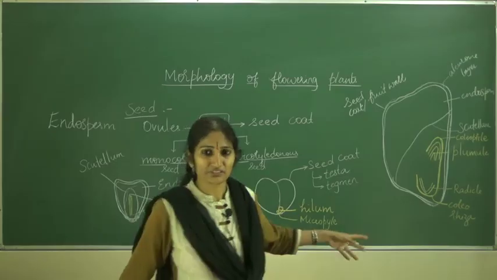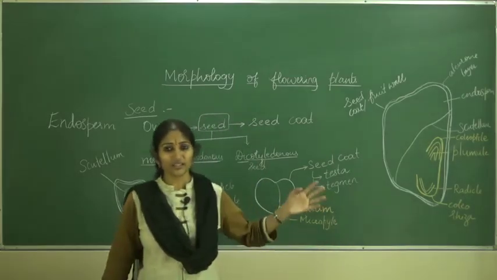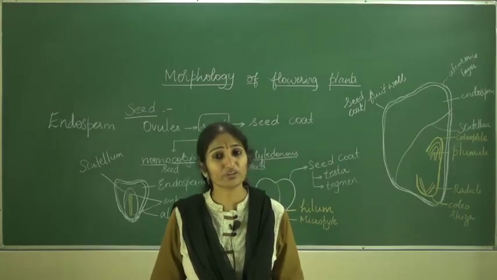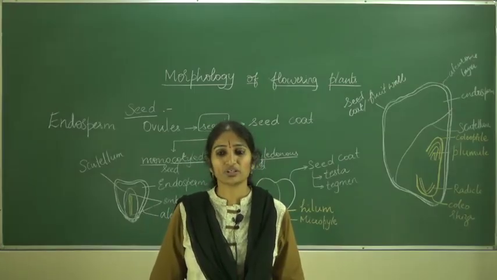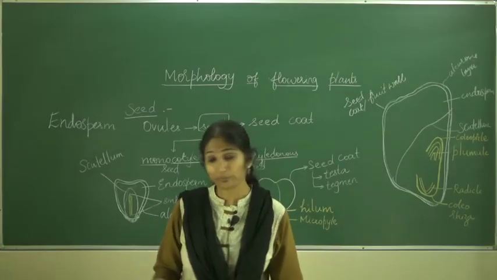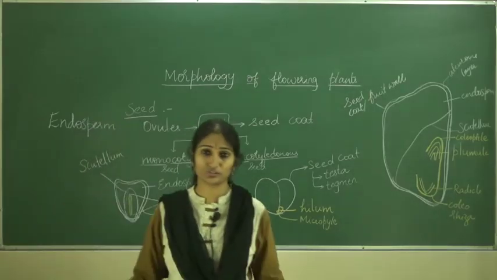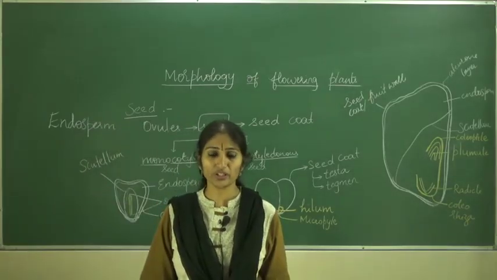Have you seen the pulses, the one we just wrote here? That does not have an endosperm. Did we mention endosperm there? We did not. Why? Because in most dicot plants, in the process of development, the endosperm would be lost.